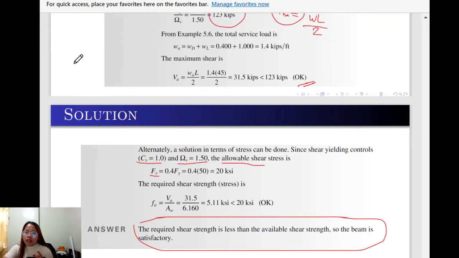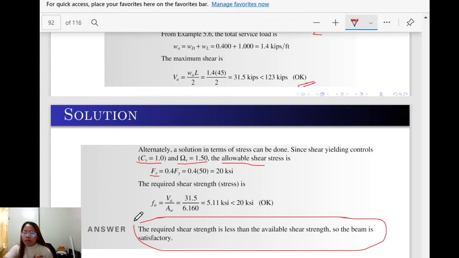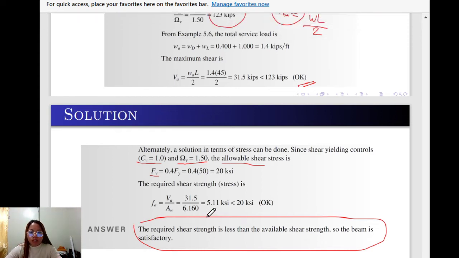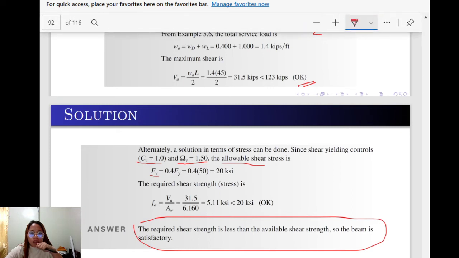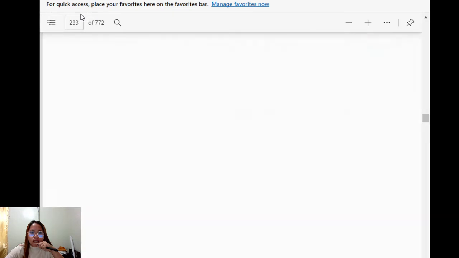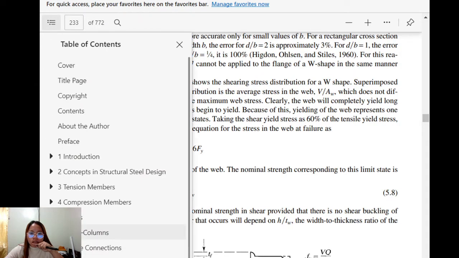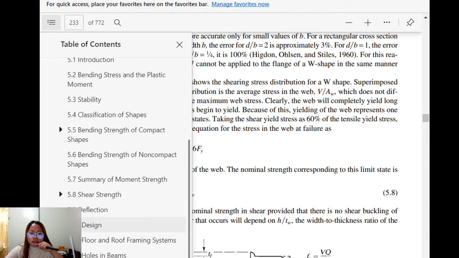So, try to see the video that I'm going to post now, a discussion on deflection. I think I have to discuss that one in the C. That is deflection.